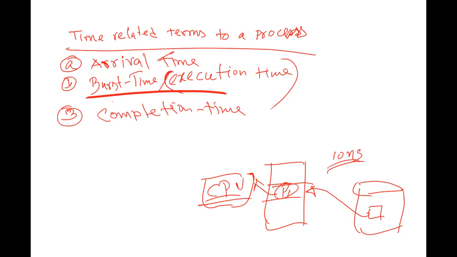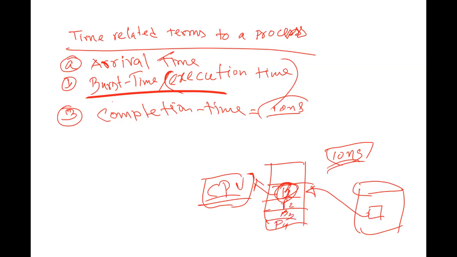P1 arrives inside the RAM and its execution time is 10 nanoseconds, so its completion time should be 10 nanoseconds? It is not true. There could be other processes P2, P3, P4.